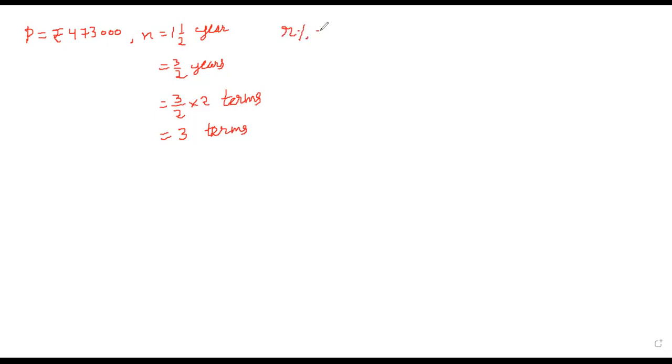Now, if we discuss rate of interest, the rate of interest given in the question is 4.5% per annum. So 9/2% per annum. But as the interest is payable half yearly, we will multiply by half.